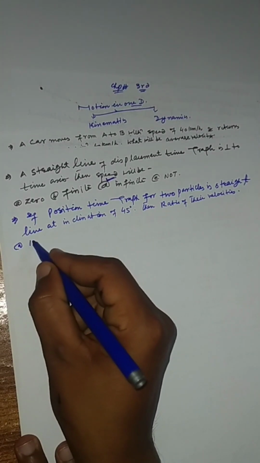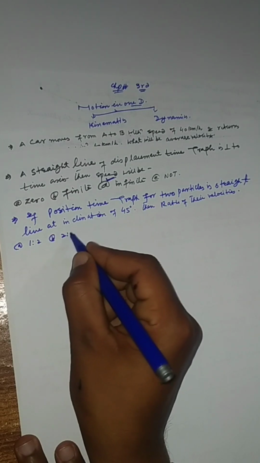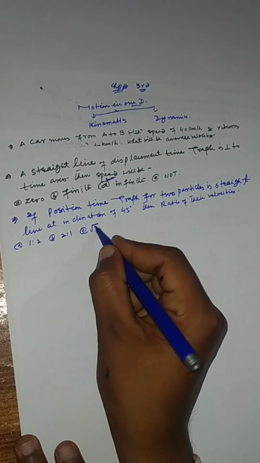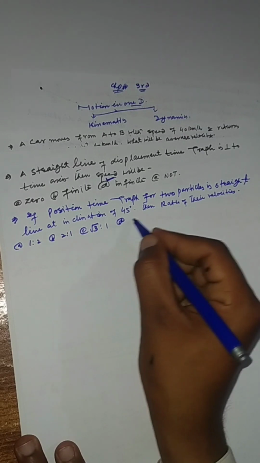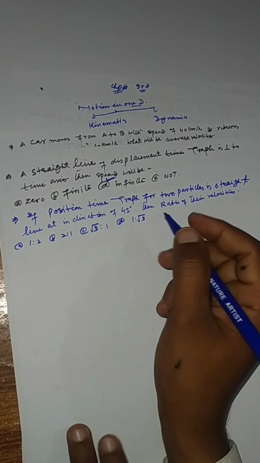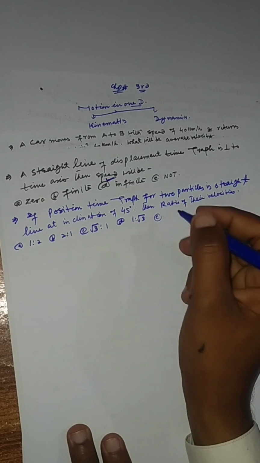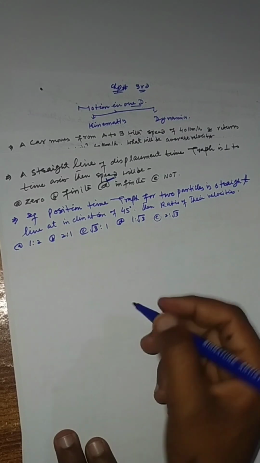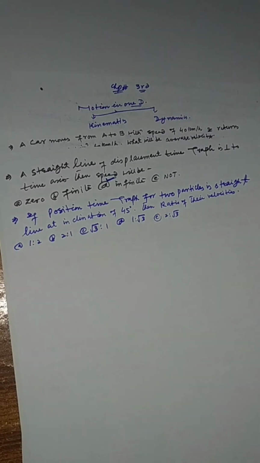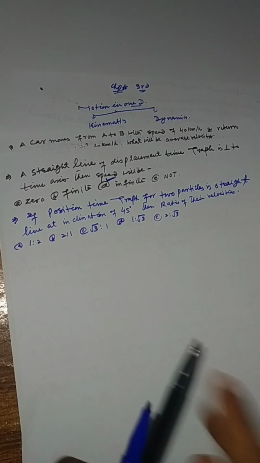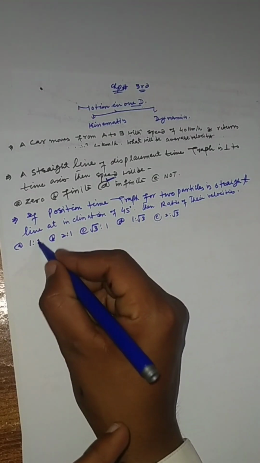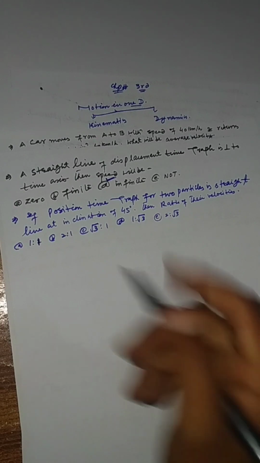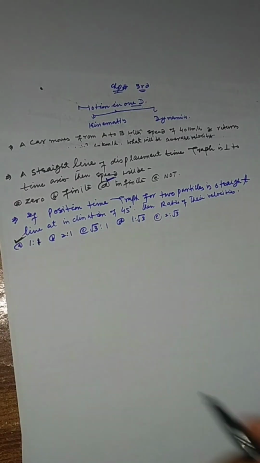Let's say 1:2 or 2:1, radical 3:1, 1:3, or 2:3. If for both particles the angle is 45, then the ratio of their velocities will be 1:1. Sorry, let us write it as 1:1. Okay, this is 1:1.